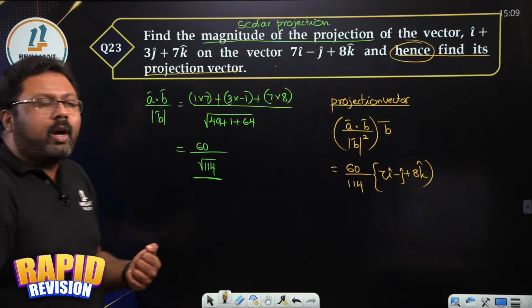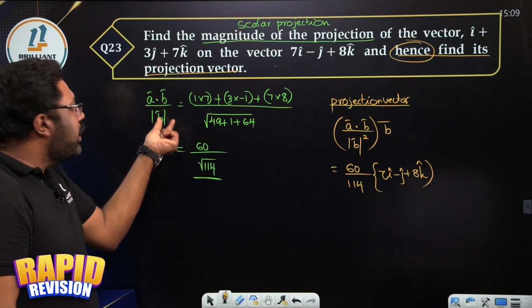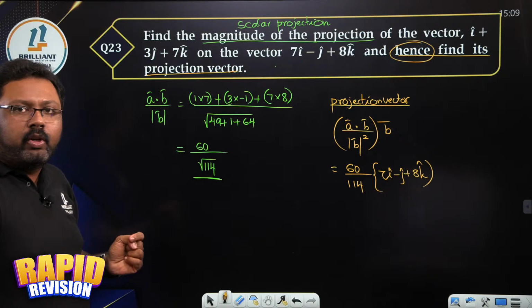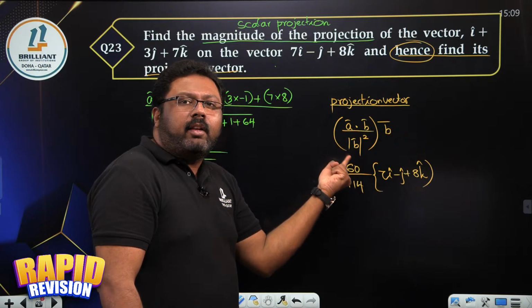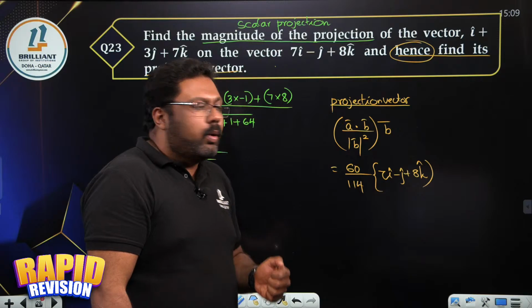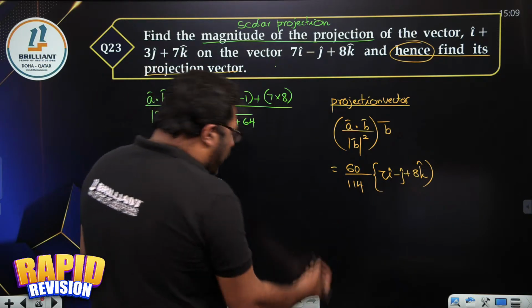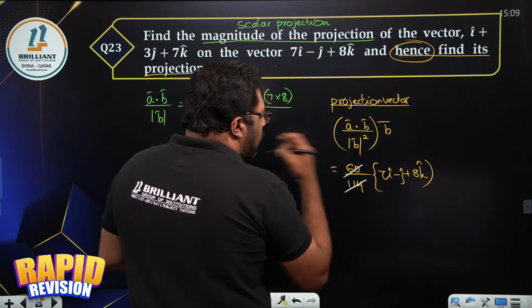Learn the difference in the formula, all of you. Normally, magnitude or scalar projection is A dot B by magnitude B. But vector projection is A dot B by magnitude B squared multiplied with B. Okay, fine. So 60 and 114, if you want, you can simplify it.